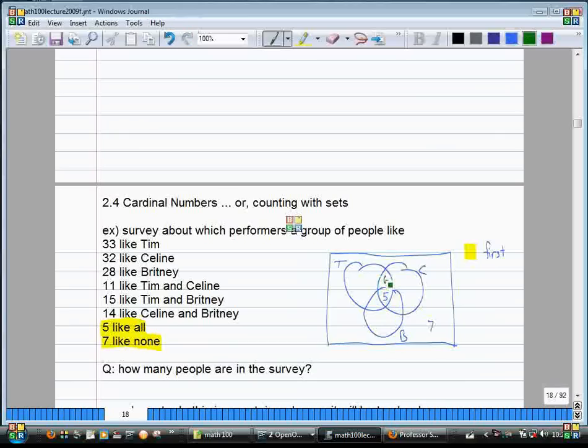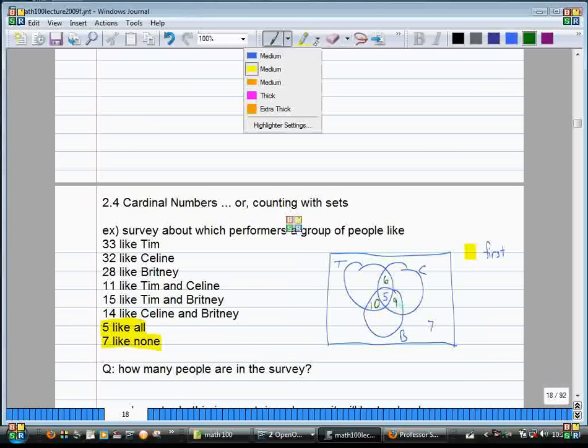So now what else can we fill in? 15 like Tim and Brittany. Exactly. So we've already counted 5 of them, so now we have 10. And then what? Exactly. 5 have already been counted, so we can fill in a 9.